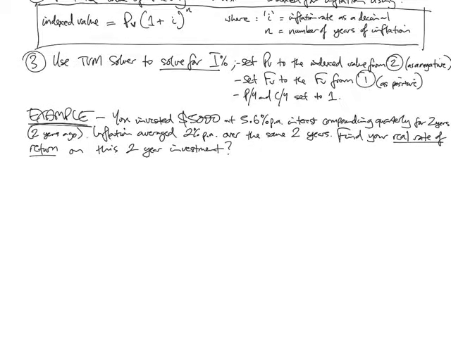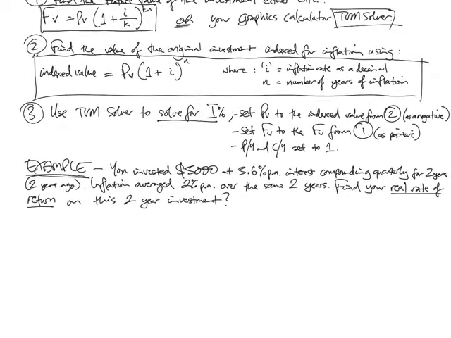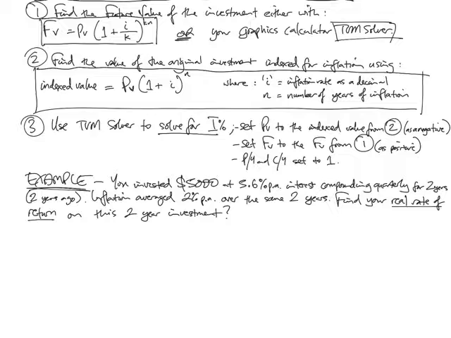And the last step, step 3, you're going to use TVM Solver to do the heavy lifting for you. You're going to solve for I, but you set PV to the indexed value from step 2 as a negative. You set FV to the FV found from step 1 as a positive.